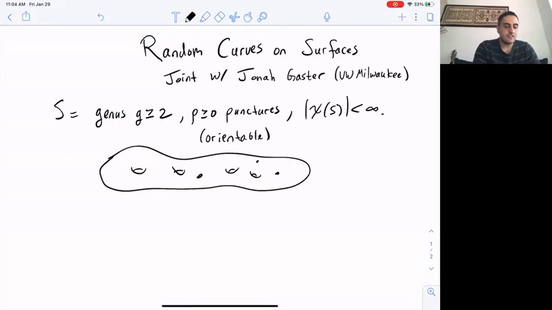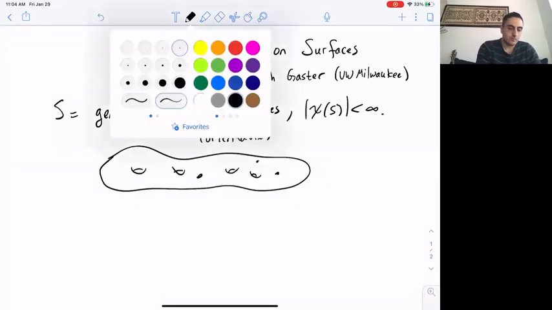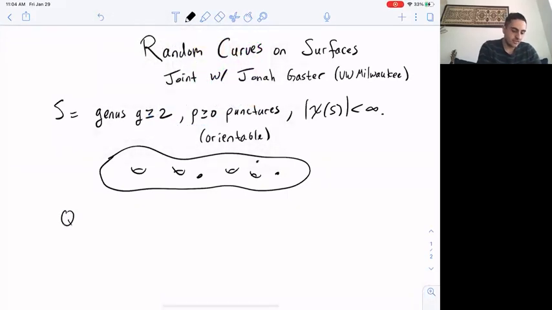And the idea, so the question, is to formalize some sort of model for randomness in terms of taking homotopically non-trivial curves on the surface, and then to analyze the properties of that type of curve.